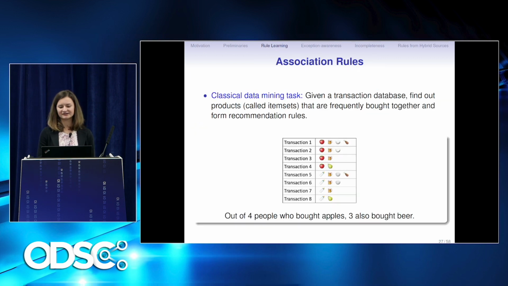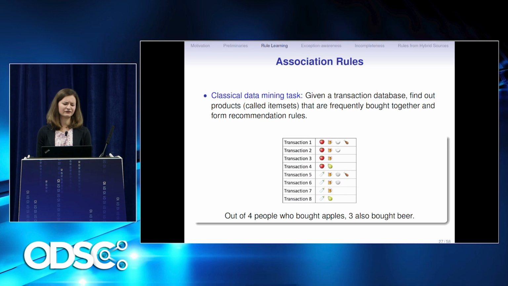Let's see what is relevant in this context. There is a classical data mining task, for instance, as follows. Given a certain transaction database, we want to find products that were frequently bought together. So here we have different transactions and things that were bought, like apples, beer, and something else.